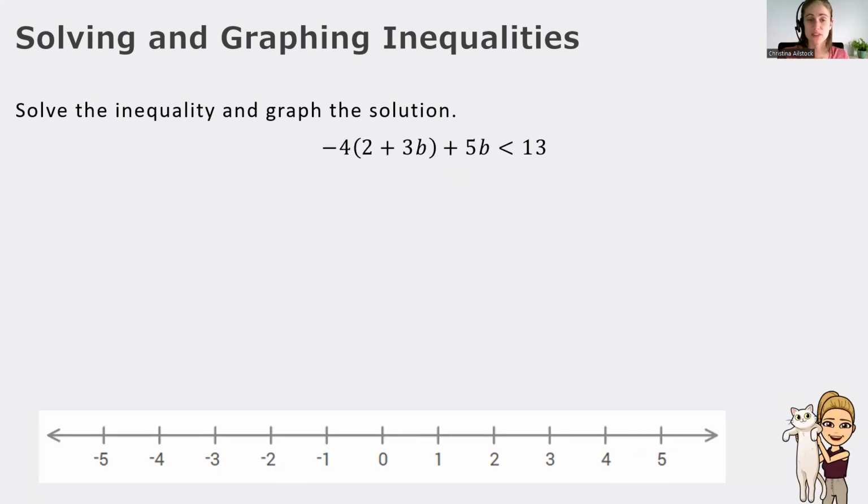But if we now look at this new problem here, notice that we have both parentheses and we have something extra. So when that happens, we have to use the distributive property. We have too much stuff going on. It's not going to work for us to divide because there's other stuff there.